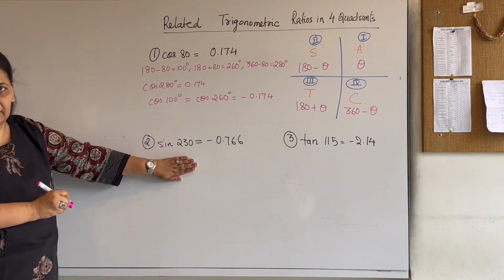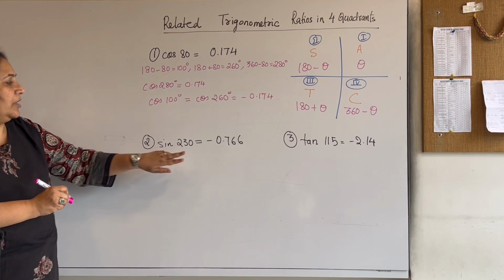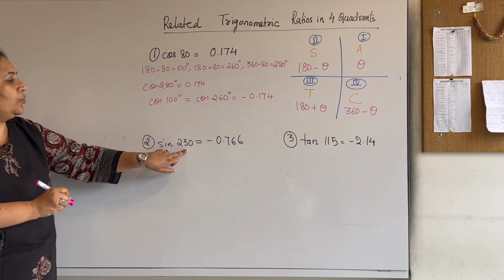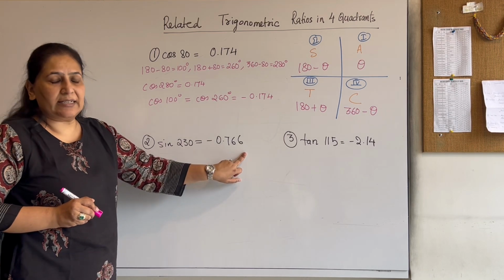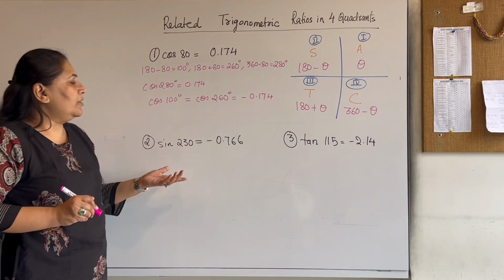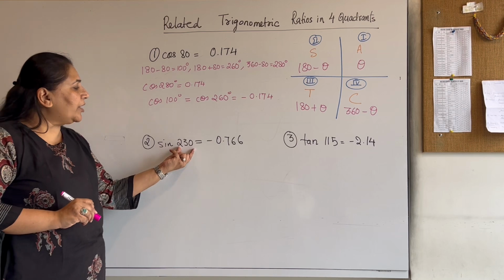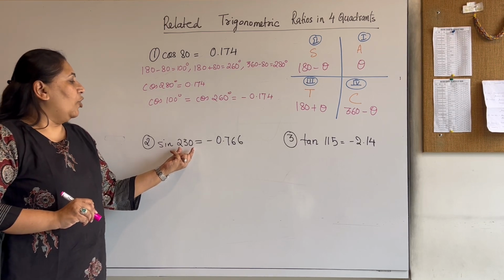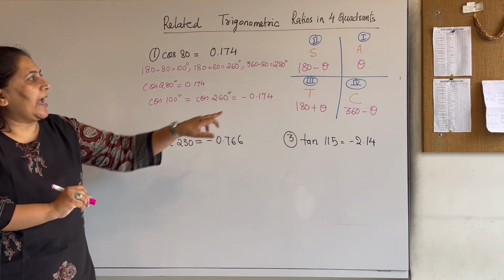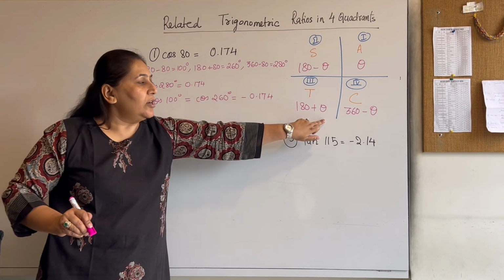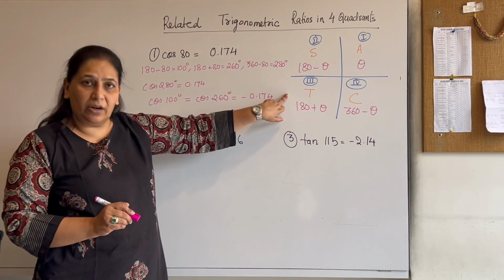Let's look at the second trigonometric ratio. Here we are given sine 230 is negative 0.766. We again start with identifying which quadrant 230 degrees belongs to. 230 degrees lies between 180 and 270, so it belongs to the third quadrant.